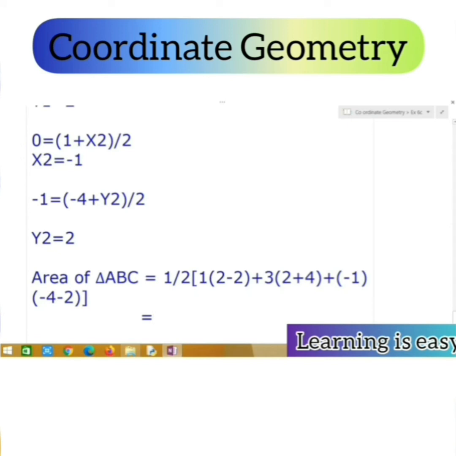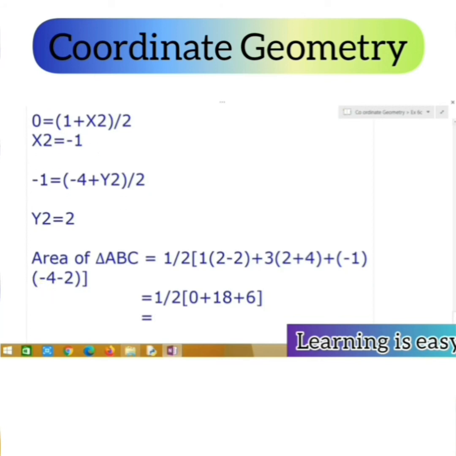So that's going to be half into 0 plus 18 plus 6. So 24 by 2, that's 12 square units.